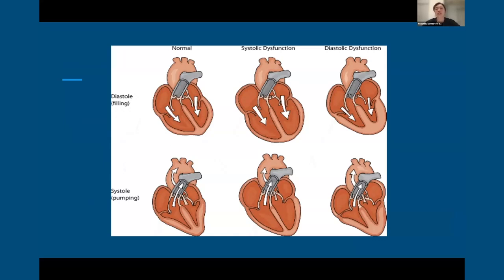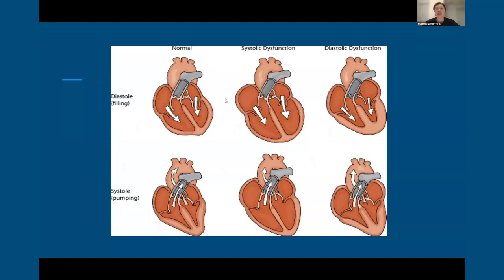When there's systolic dysfunction resulting from valvular disease, the blood won't be able to pump out properly because there's a dysfunction in the valve, so it's not closing properly.